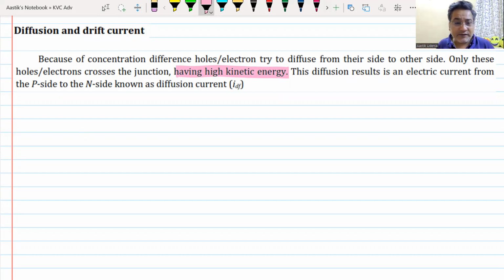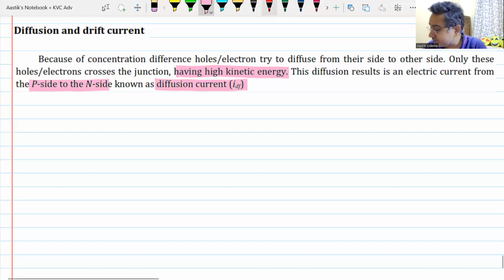Because of this, there will be a current that flows. The direction of this current will be from p to n type, and this current is known as ID or IDF, the diffusion current. So diffusion current, remember, it's from p side to n side.